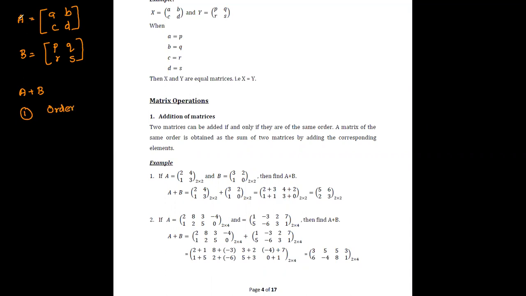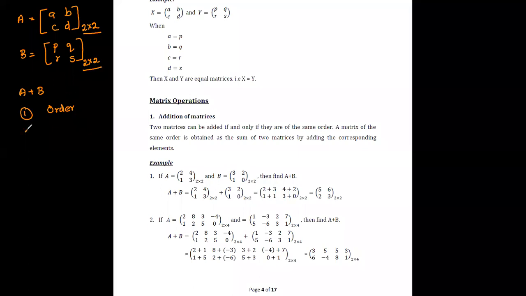It means that the order of these two matrices should be equal. Here this is a 2 by 2 matrix, and the order of matrix B is also the same as the order of matrix A. Therefore, the order is 2 by 2. Here also we have the same order.